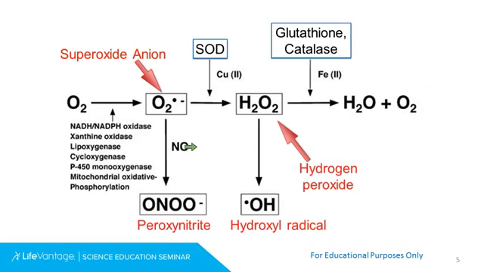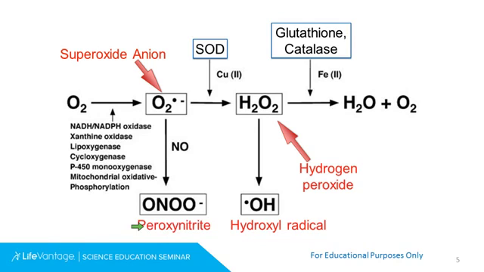And there are these intermediate steps, these intermediate molecules that you go through in the process to get to the water and the oxygen. These molecules, like for example superoxide anion and peroxynitrite, are extremely toxic molecules that cause significant damage. These are the free radicals. The ones in red here are the free radicals.